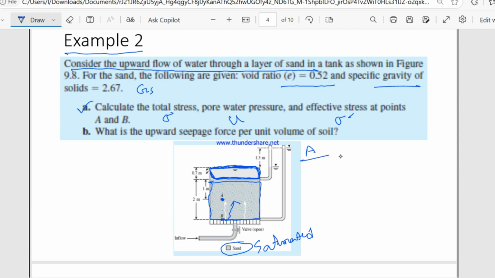We know the total stress formula is distance times unit weight.